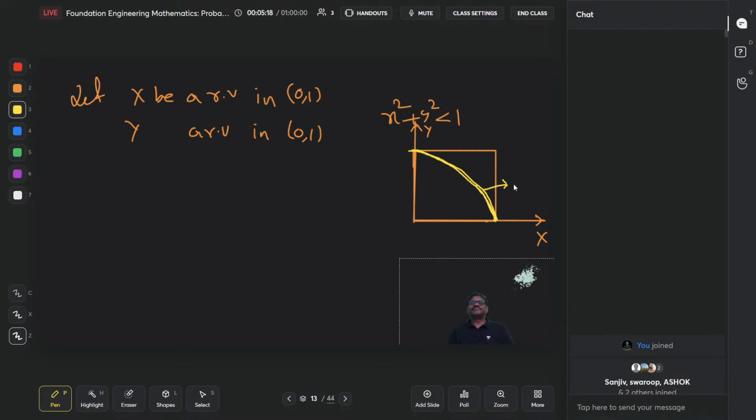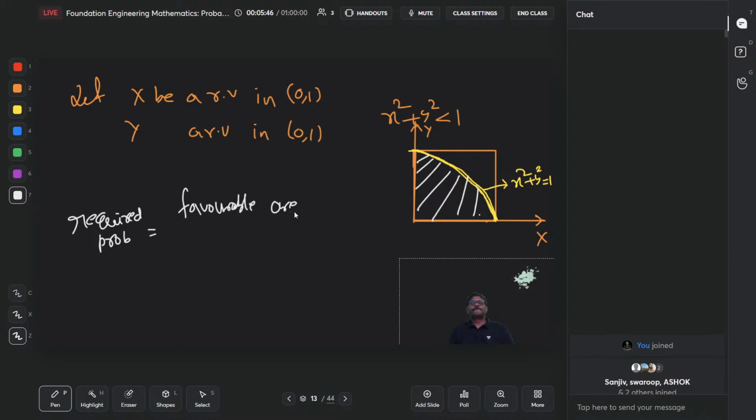This is a circle, part of the circle, x square plus y square equal to 1. x square plus y square less than 1 means this part. So now the required probability is favorable area by area of the sample space.